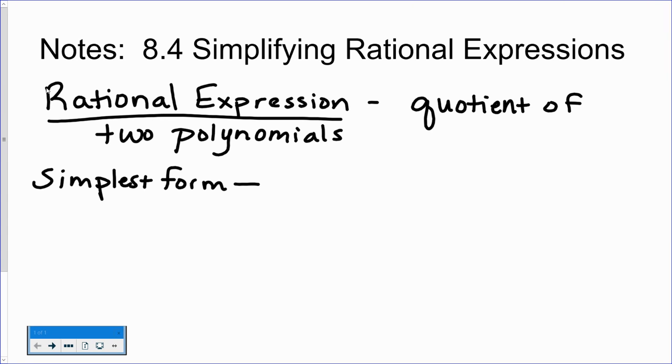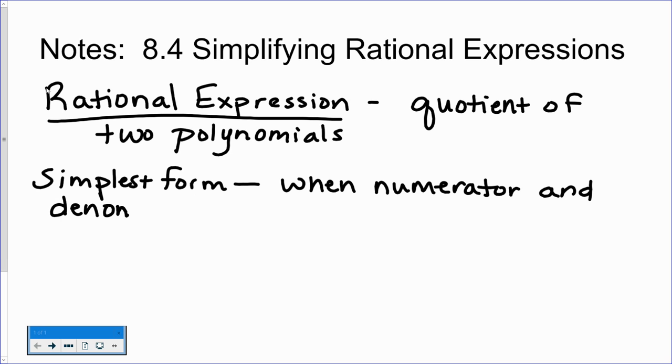And it'll be in simplest form when the numerator and denominator have no common factors.